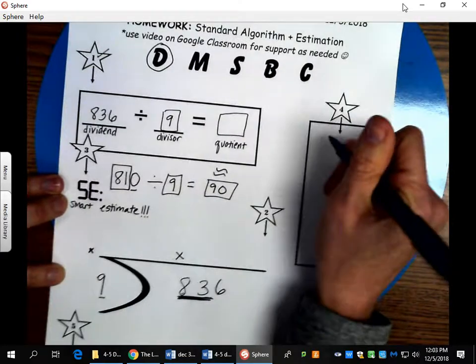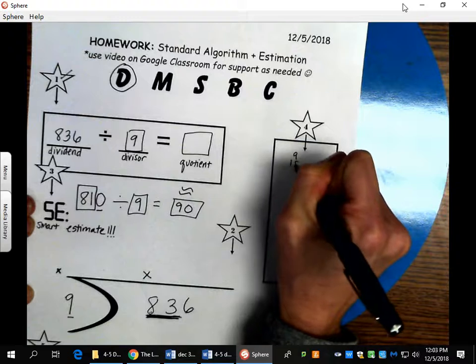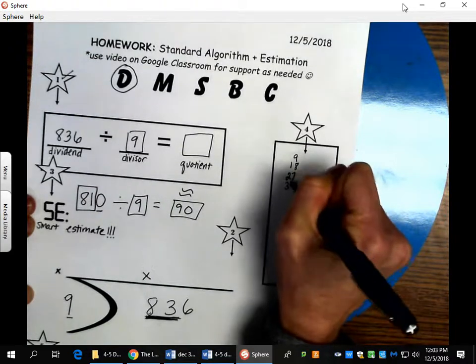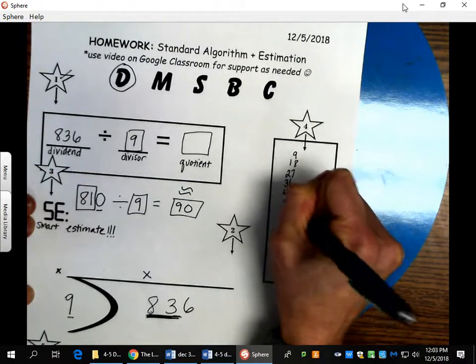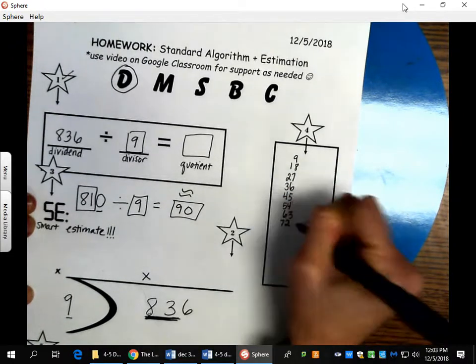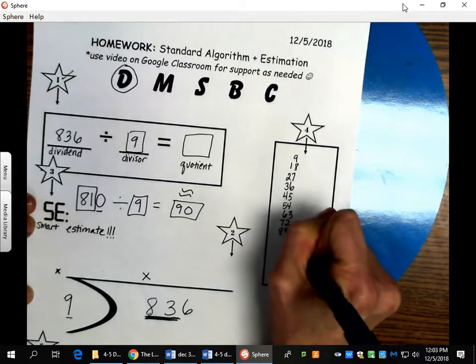If you write out your 9s, 9, 18, 27, 36, just like this, 45, 54, 63, 72, look at you, 81, have some fun.